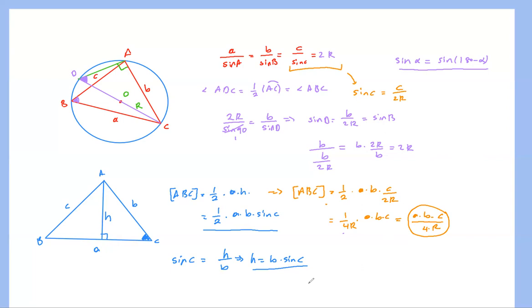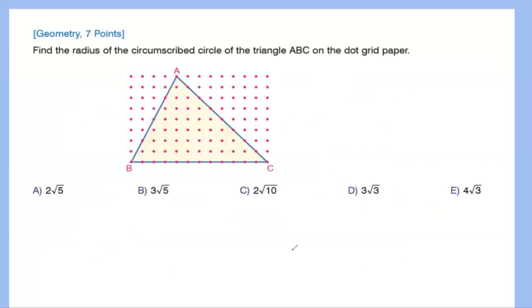And here's the actual problem that we are trying to do. The question is asking: find the radius of the circumscribed circle of the triangle that is given right here. Based on the previous deduction, we have 1/4 of the product of the sides, so a times b times c divided by 4 times r was the area of the triangle.